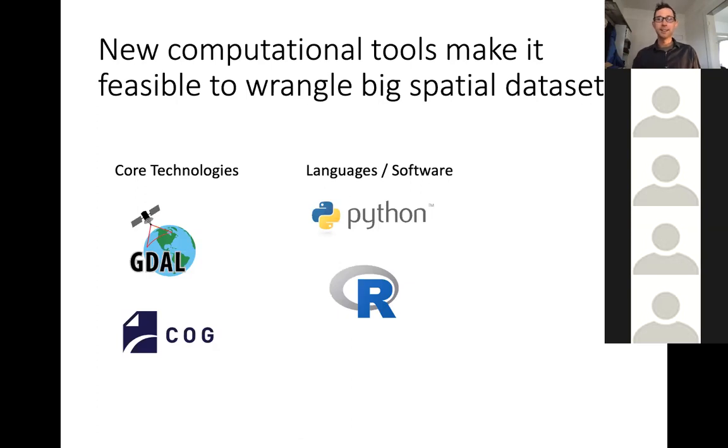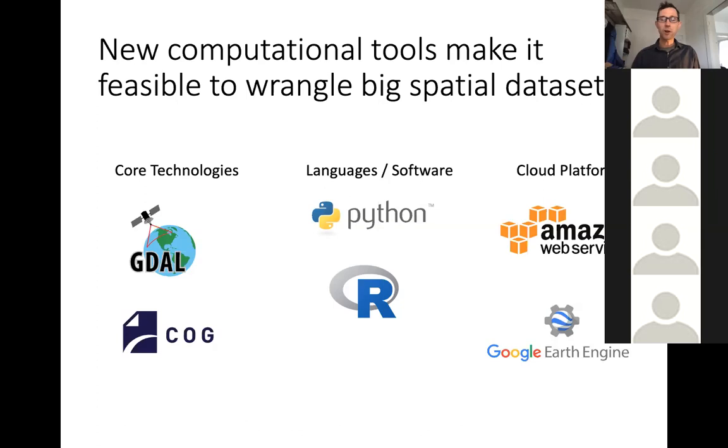It's just a lot easier to learn and use a language like Python or R now than it was in the past. And finally, we have all these new cloud computing platforms, which means that we don't have to store all of these huge terabyte scale data sets on our own machines. We can instead keep them on the cloud and bring the computing to the data by stitching all these tools together.